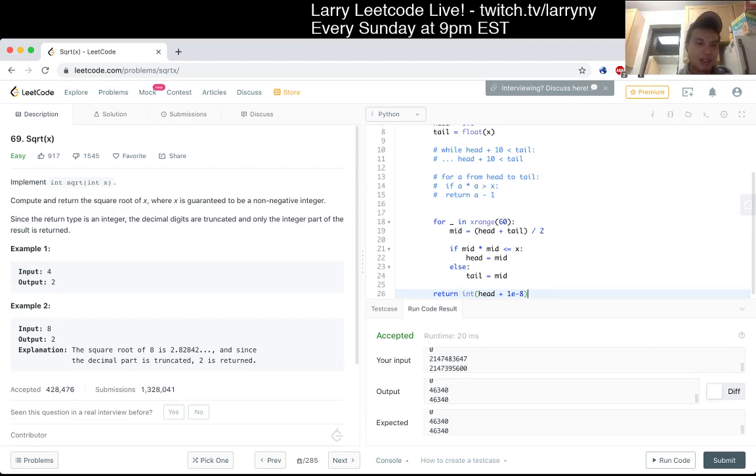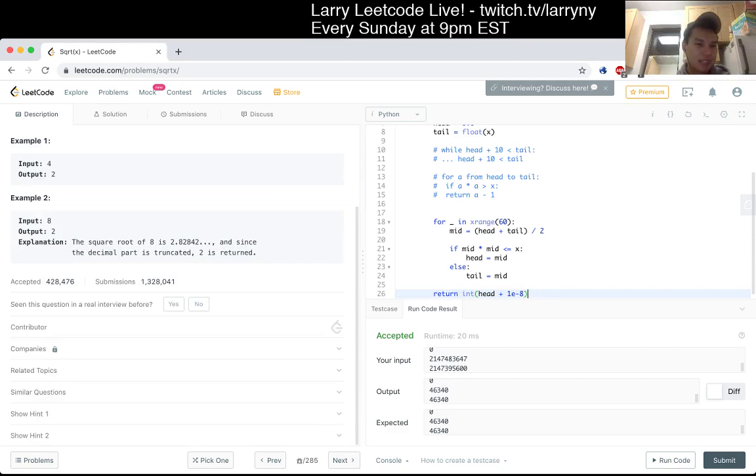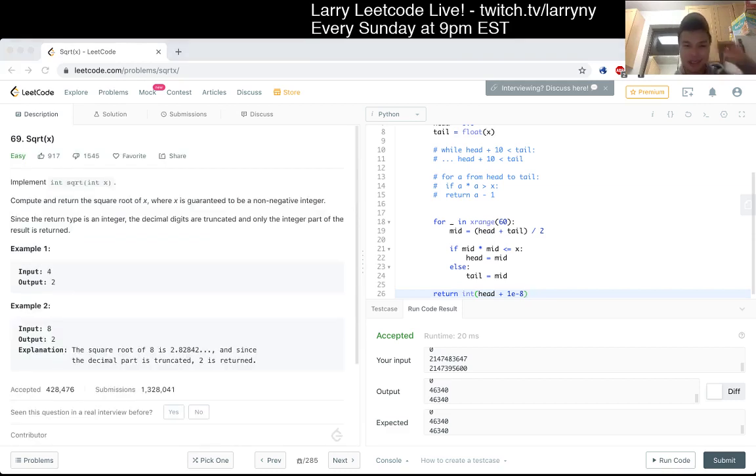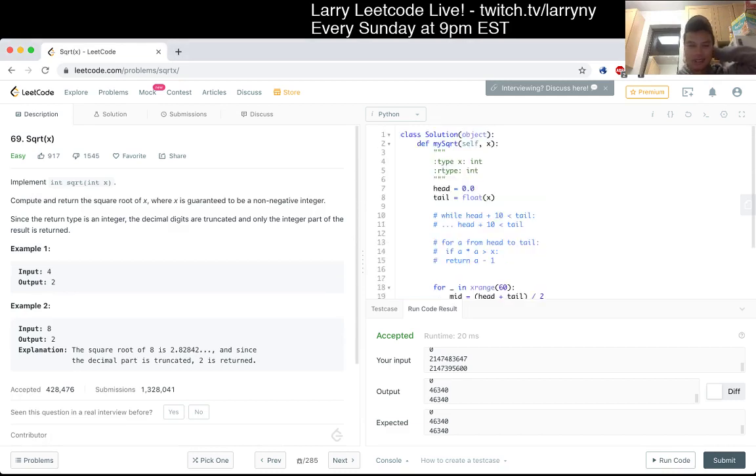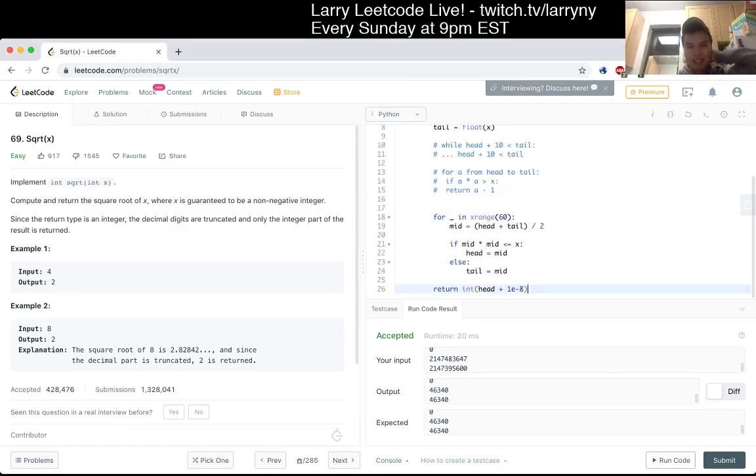I think in general, the way I've seen this problem phrased is just return the double or the float, which is close enough. And I think I just skipped over that part as a result. But yeah, I don't know. So this is bisection, a really standard way of doing it, or a thing that people have taught people. I don't know about the way I did it, maybe not.